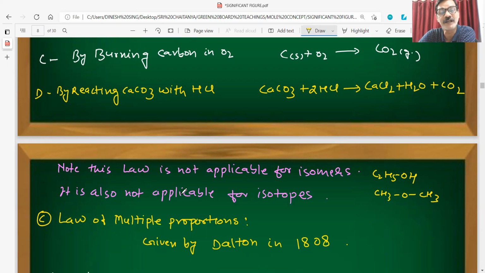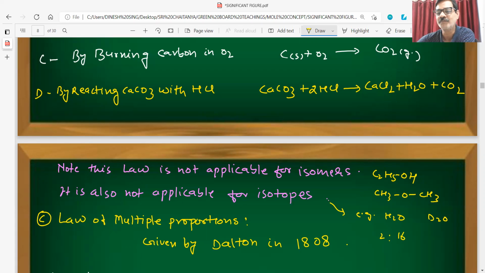It is also not applicable for isotopes because the mass will be different for isotopes. For example, H2O and D2O. In H2O, 2 parts of hydrogen are reacting with 16 parts of oxygen, so the mass ratio of hydrogen to oxygen is 2:16.